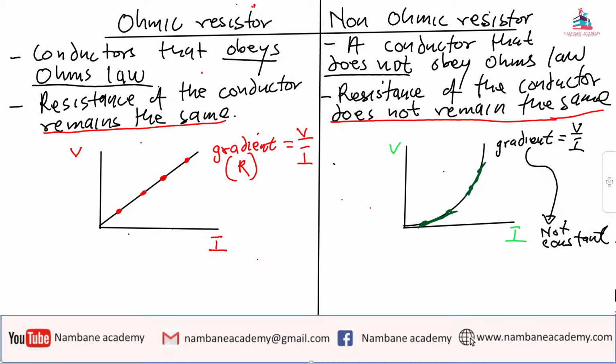Because for Ohm's law, resistance must be the same throughout. So if the resistance is not the same throughout, definitely then we are missing a point of how Ohm's law actually works. So Ohm's law works provided that we have an ohmic resistor.